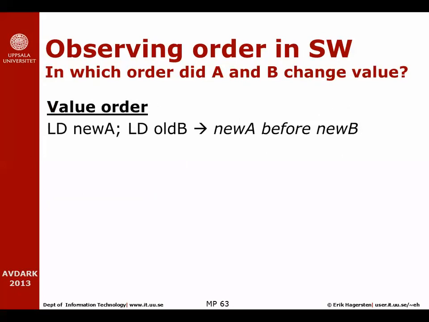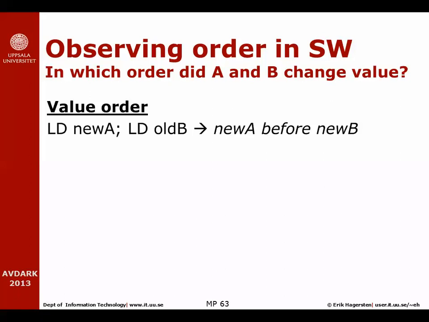So how can you observe an order in software? How can you answer the question, in which order did A and B change their values? Let's assume that the variable A gets a new value and the variable B gets a new value. The question is, in which order did those value changes occur? First B or first A?